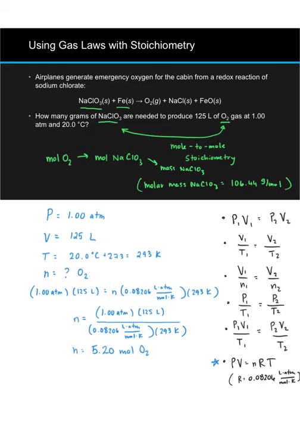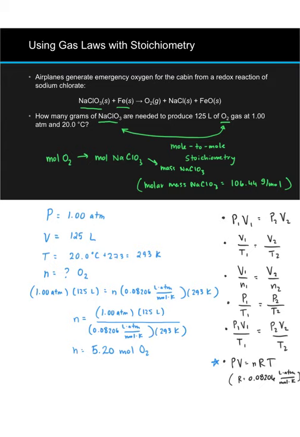To do our stoichiometry, we need a balanced reaction. This reaction has 1 sodium on either side, 1 chlorine, 3 oxygens, and an iron. So it's already balanced.